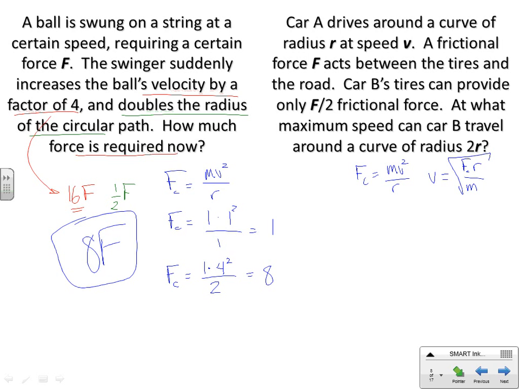It doesn't say that we change anything about the mass, but for car B, the force is F over 2, and the radius is twice as much. Notice that's the same as F r over m. That's the same as A, because this is our expression for A. Here's our expression for B. So yes, same thing.